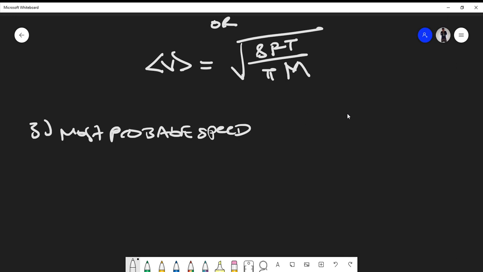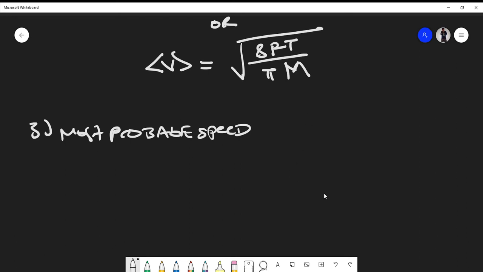The third speed we want to talk about is the most probable speed. This is the speed for which f of v is a maximum. In other words, when f prime of v is equal to 0.